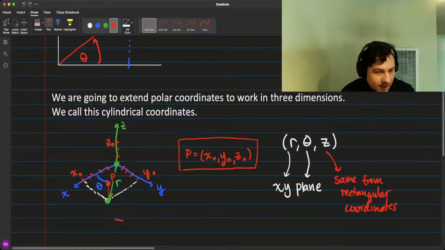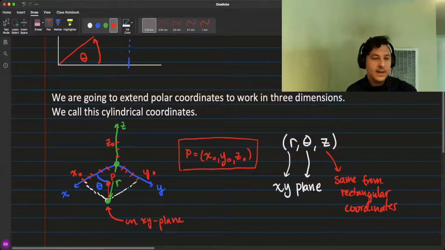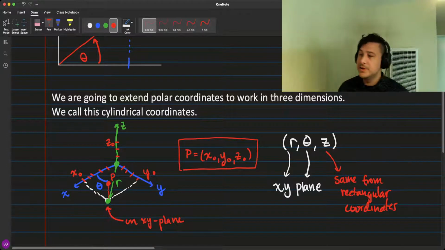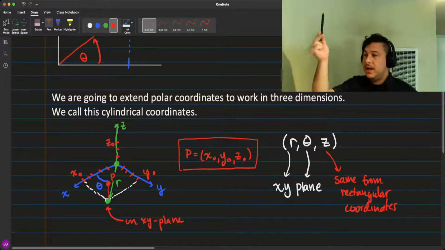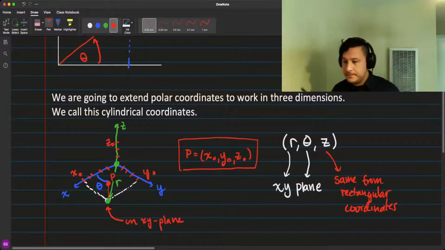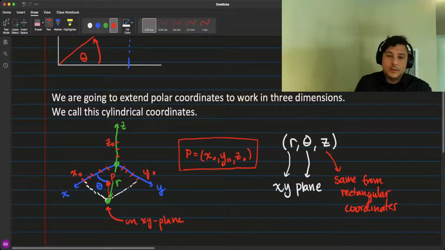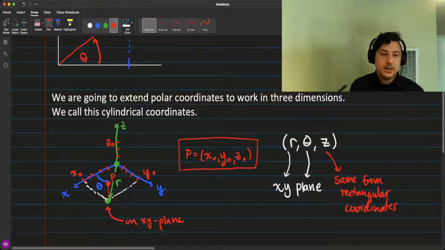Then to get to your 3rd dimension, you sprout up from that point, moving up in the z direction. So you have your point x0, y0, z0.